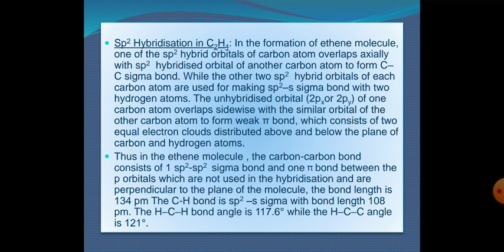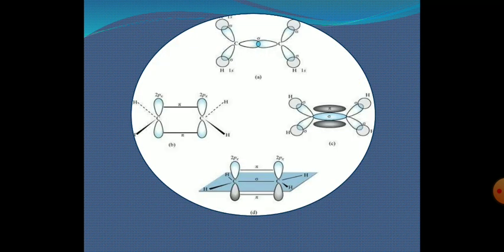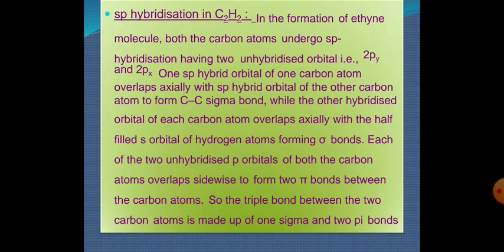The HCH bond angle is 117.6 degrees, while the HCC bond angle is 121 degrees. You can imagine the bond angles and bond lengths, shown three-dimensionally in this slide. So this is all about the formation of the ethene molecule.